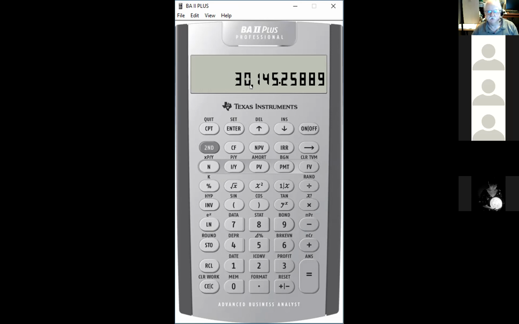So this is our 30145. And we had to take this away from 61,000. So I'll make this negative plus 61,000. And then we had to round this. So let's store this and go second format 0, enter, clear, and then recall that. And there's our 30855.